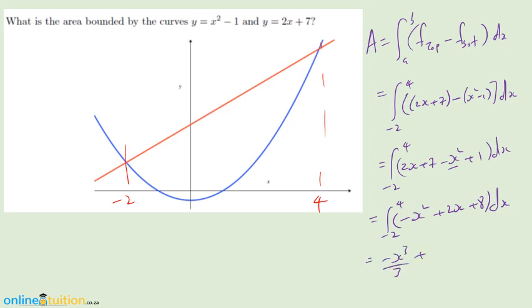The integral of 2x is 2x squared over 2, and that is x squared, and 8x. Does this look familiar? Well, look at the previous problem and you get exactly the same thing. So please evaluate this integral and check it with my previous answer and see whether you get the same. It's very important that you understand how we substitute the top bound first minus the bottom bound to get your final answer. So please complete that for me and make sure you understand what you're doing.